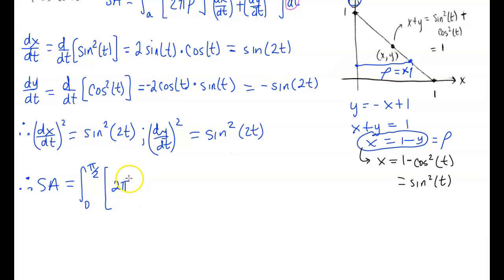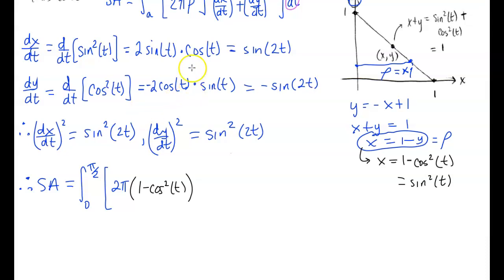We'll see. All right, so my point here is that now we know rho is just going to be this x value here. So I'm just going to write it as 1 minus cosine squared t for now, and I'll simplify it to sine squared t if I think that will actually work out better for us. Okay. So we have that.